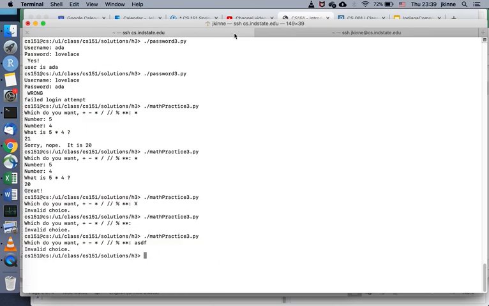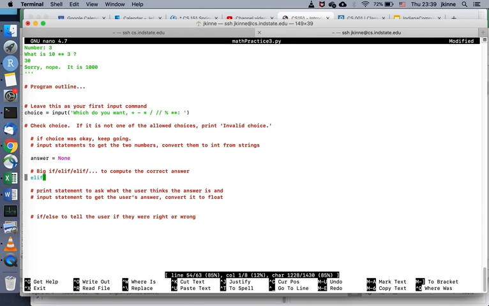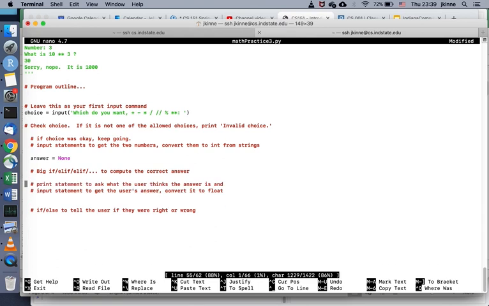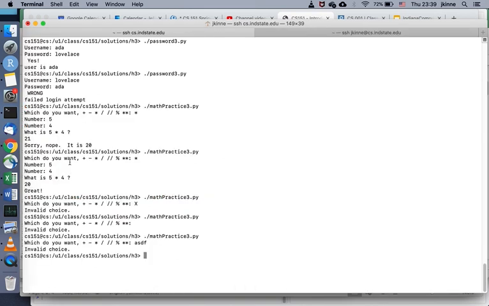And if we go over here, it prints that. Then there's the answer. The way I did it was I computed the right answer and didn't tell the user yet. I then had a print statement to ask them what they think the answer is. That is here.